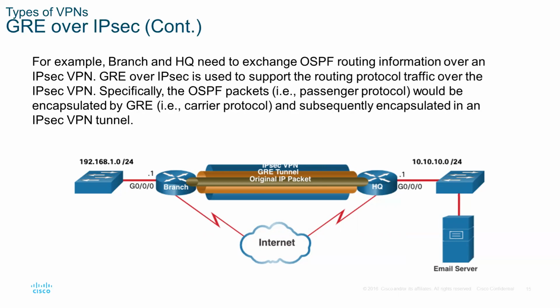So as we said, IPSec tunnel only allows unicast traffic, so we need to create this secondary tunnel to allow this OSPF to be transported.